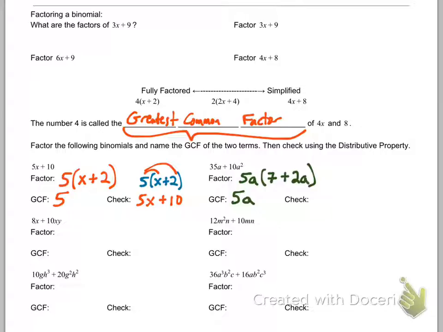So you notice the factor is, once we factored it, we get 5a parentheses 7 plus 2a. And to check, let's just multiply that back out. So I'm going to multiply 5a times 7 and 5a times 2a. 5a times 7 is 35a, and 5a times 2a is 10a squared. You notice I've checked and made sure that I've multiplied that out correctly.